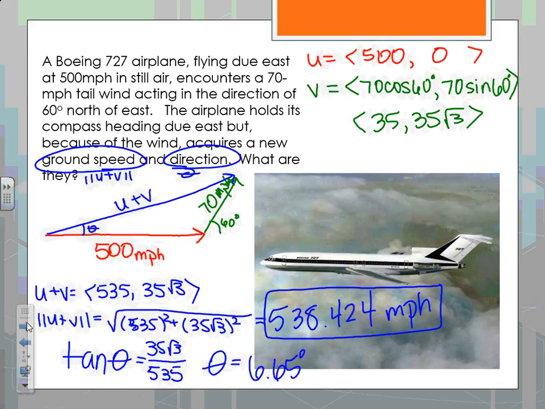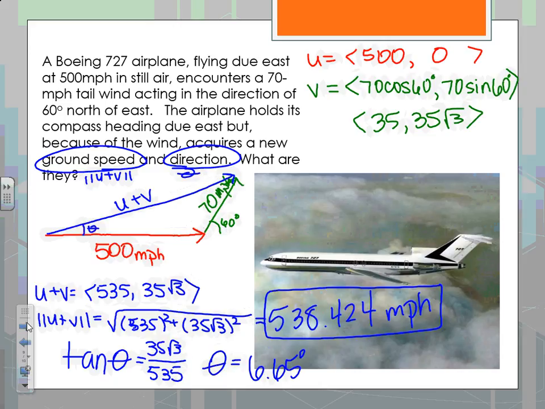Okay. So 6.65 degrees, or 6.65 degrees north of east, right? Is there some shorthand for that, like N or E, or do we have to literally write it out on the piece? If you write N of E, okay, good. East, northeast.